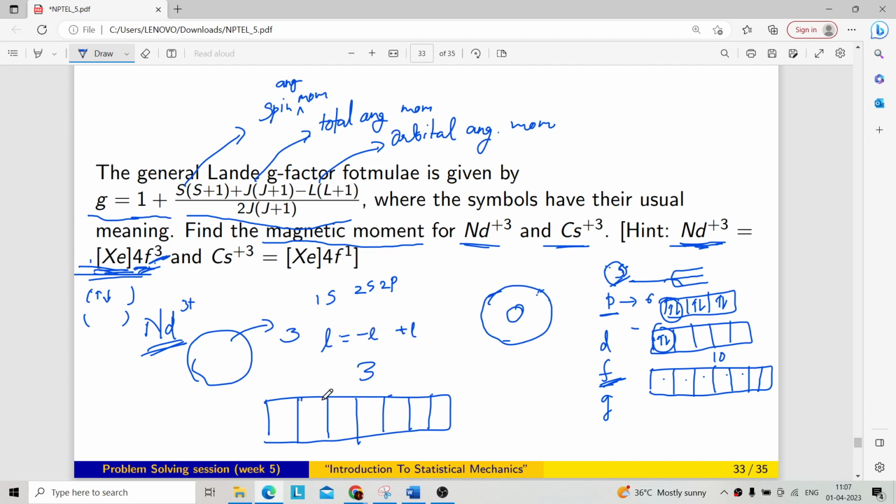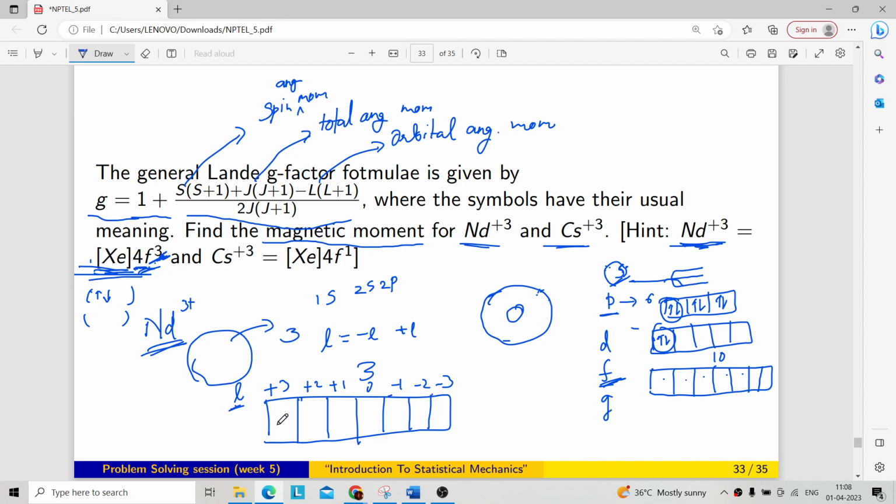For f we have plus 3, plus 2, plus 1, 0, minus 1, minus 2, minus 3. These are the orbital angular momentum quantum number values, l. So we have 3 electrons in this f orbital.